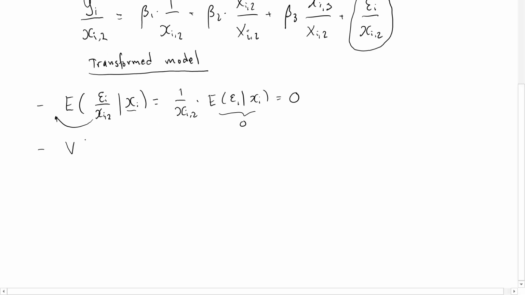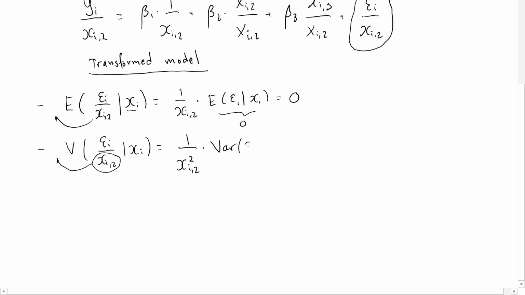So let's check the other condition in the Gauss-Markov theorem. Let's figure out the variance of the error term in the transformed model. Remember, when we do the variance, we can take out constants if we remember to square them.